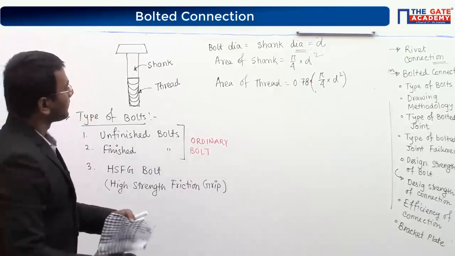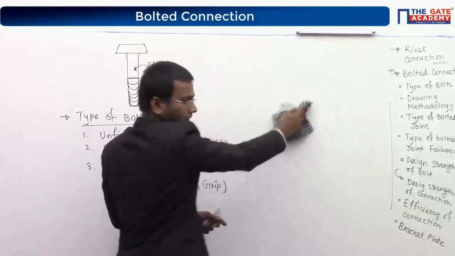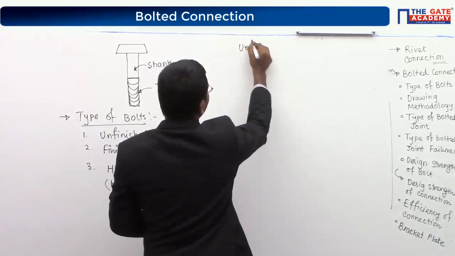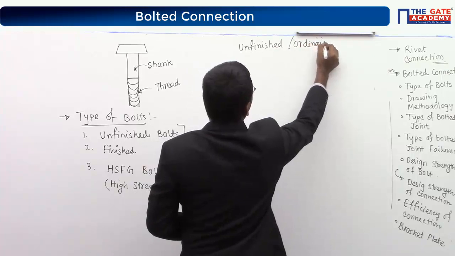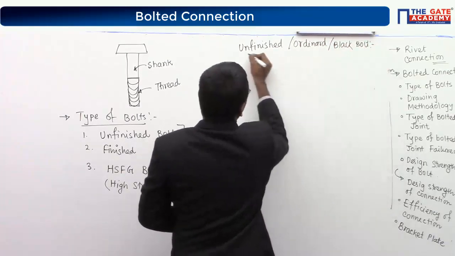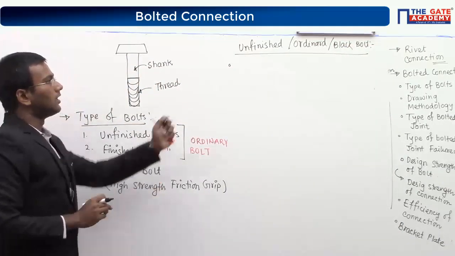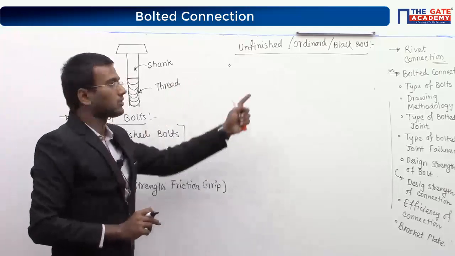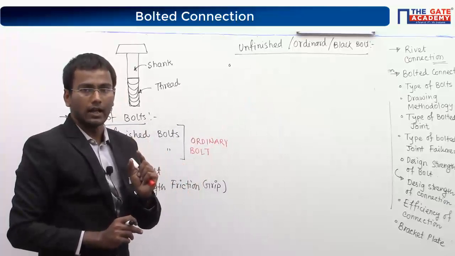Kindly write down in this portion: first one, unfinished or ordinary, or nothing but black bolt. First category, this type of bolt is suitable only under static loading, not suitable under dynamic loading.